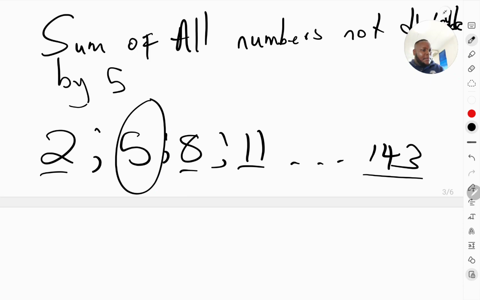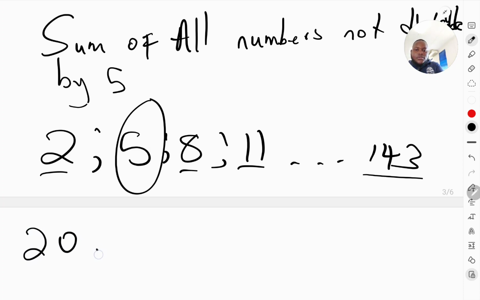So now I have to establish all the numbers within my sequence that are divisible by 5. Let me use my Tn here. I'll have 2, then after 2 it's 5, 8, 11. After 11 I'll have 14, after 14 I'll have 17, after 17 I'll have 20.